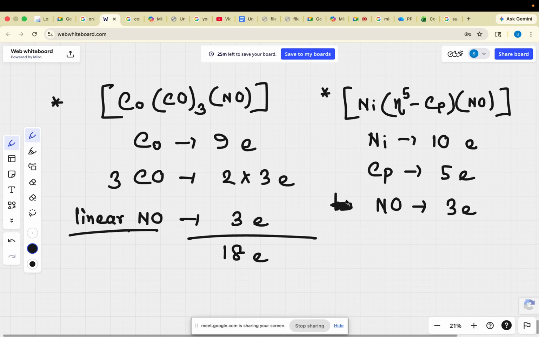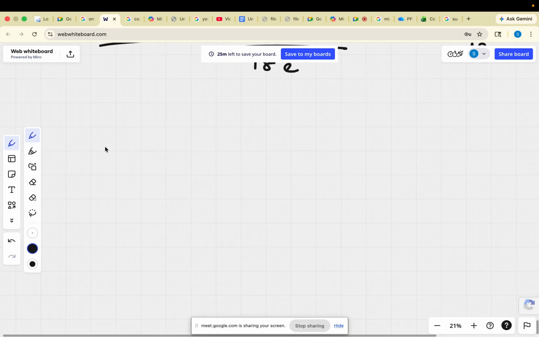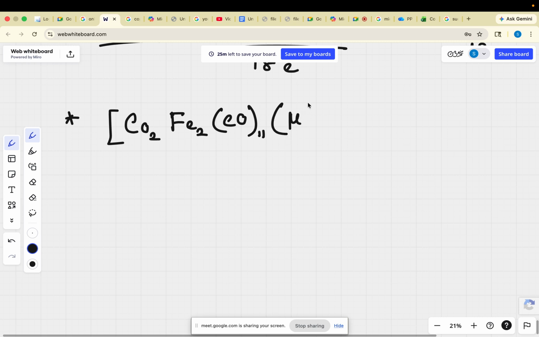Sorry, this is not bent, this will be linear, so it will donate 3 electrons. So again you are getting 18 electrons. Okay, good. Now suppose you have this. Do it.